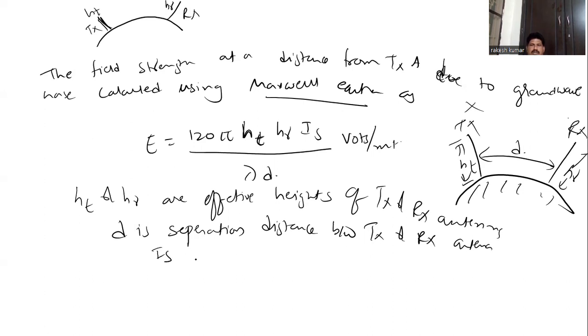IS is the antenna current, and lambda is the wavelength.